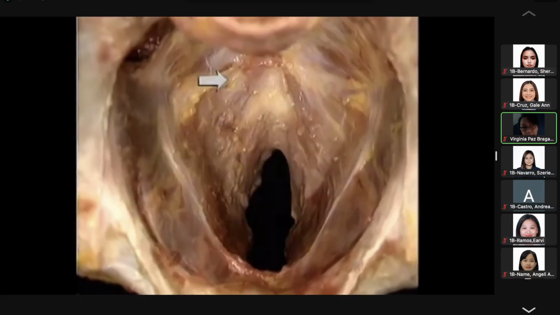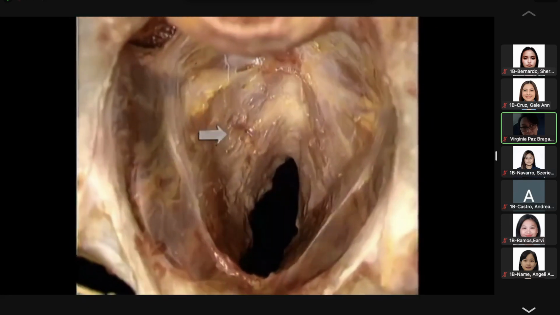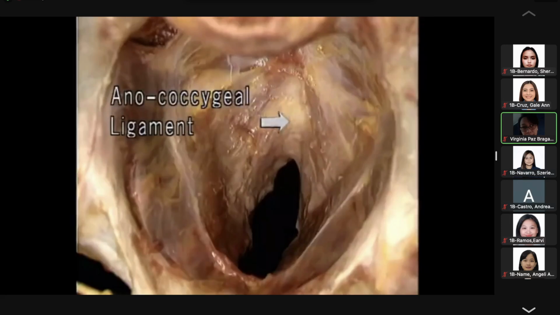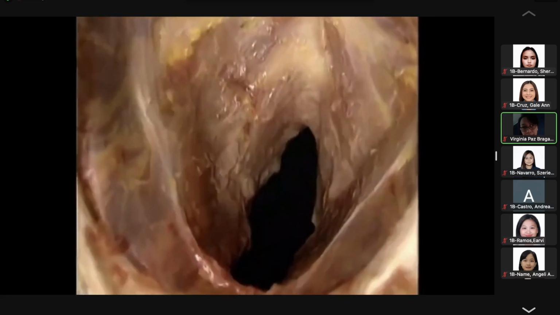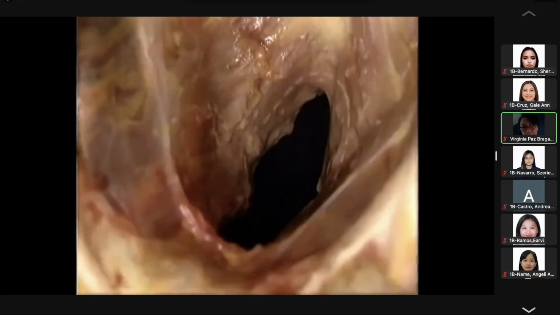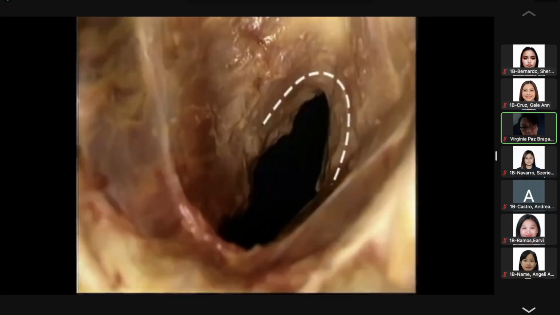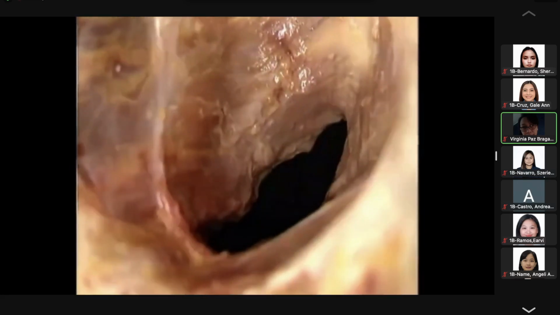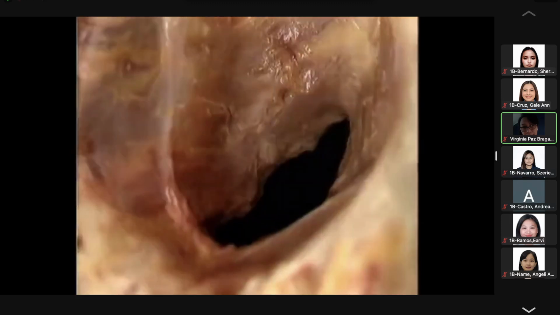The fibers of levator ani, which arise more posteriorly, unite in the midline with this fibrous band, the anococcygeal ligament. The fibers which arise more anteriorly form a loop which passes around the back of the urogenital hiatus. Some fibers along the edge of the hiatus attach to the sides of the rectum, the urethra, and, in the female, the vagina.